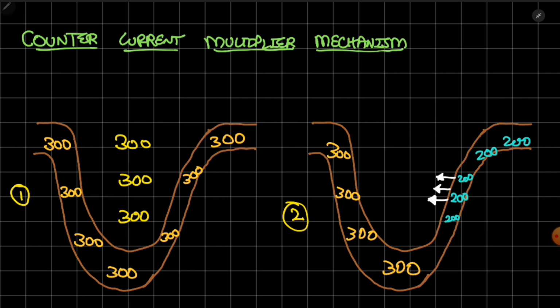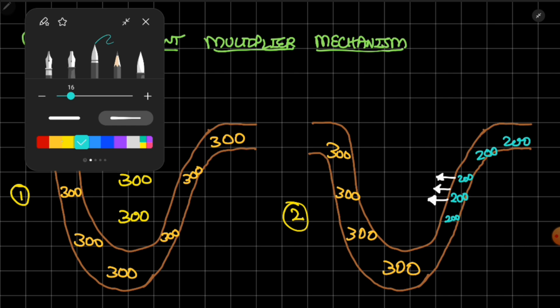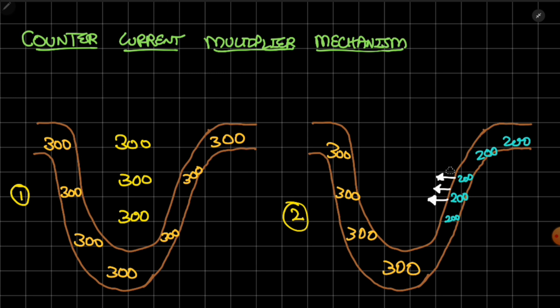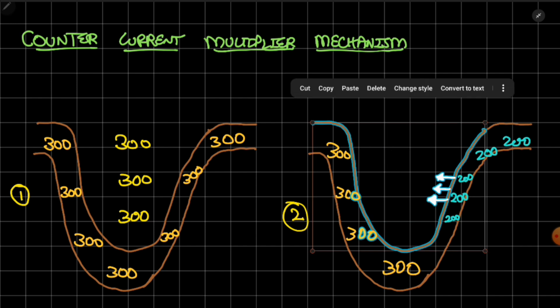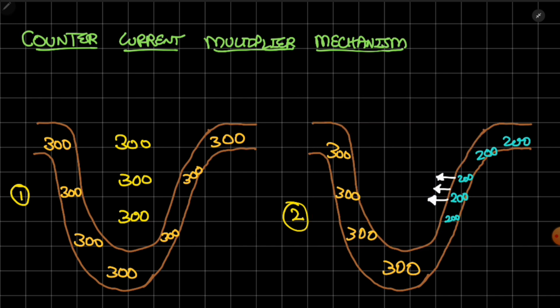Now, if solutes are removed from the ascending limb, the osmolarity there decreases, becoming 200. Where do the solutes go? To this part, the renal medulla, since the loop of Henle is present in the medulla. So the osmolarity of the medulla increases.